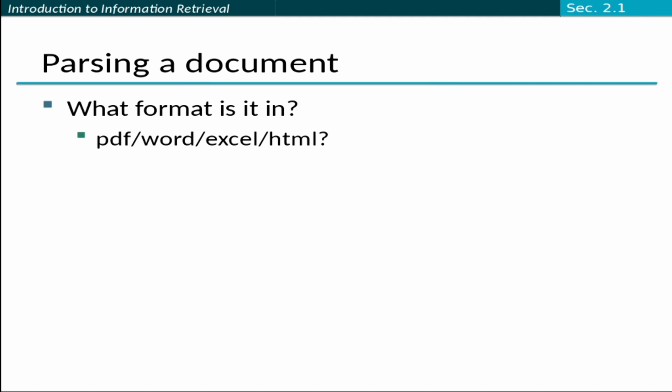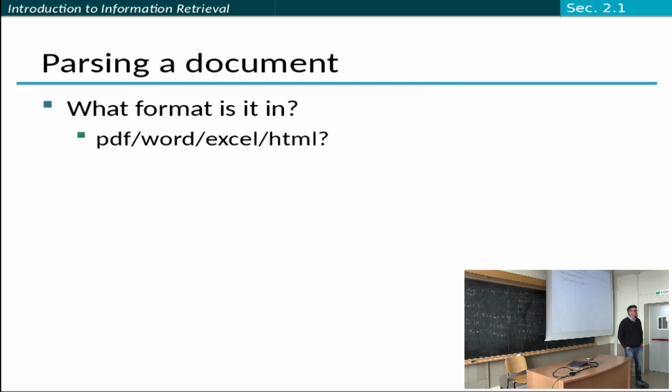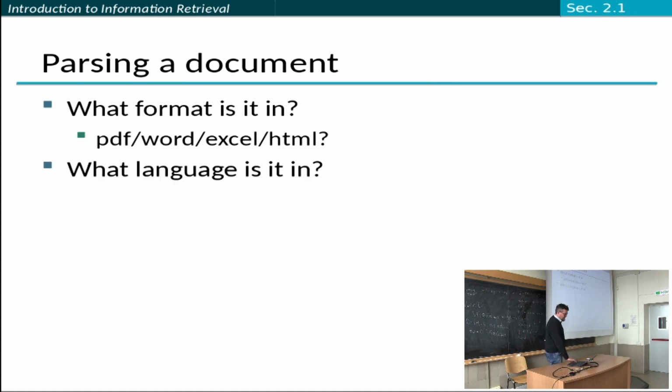As we said last time, we have documents that are text, but as you know, text can be PDF, can be HTML, can be Excel, can be whatever you want. So the first question we need to answer to some extent is what kind of format is in the document. Second, what is the language of this document?